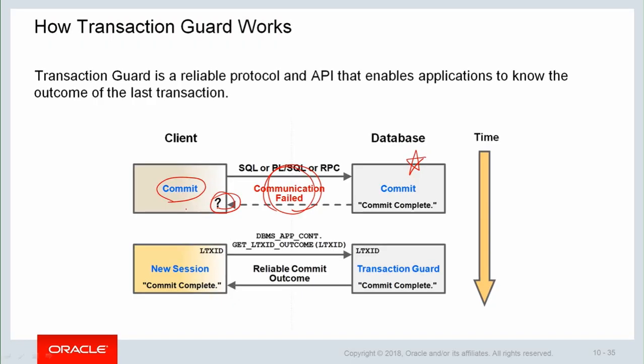So after you make a new connection, you can use the Transaction Guard API to retrieve the last transaction commit status. This gives you a good opportunity to check your in-flight transaction status, and then you can take action after you confirm your last in-flight transaction.